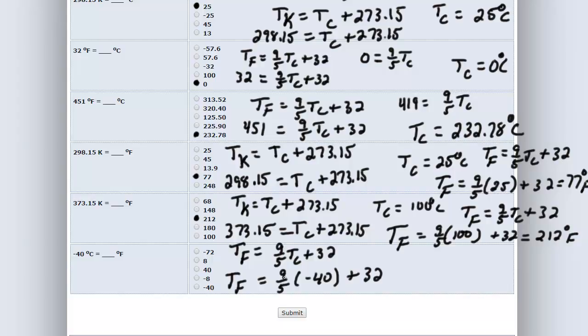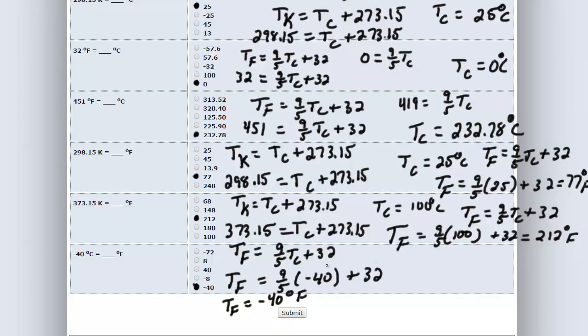And 8 times 9 is 72, and it's negative 72. Negative 72 plus 32 is negative 40. So it turns out that negative 40 degrees Celsius is identical to negative 40 degrees Fahrenheit. Isn't that weird?